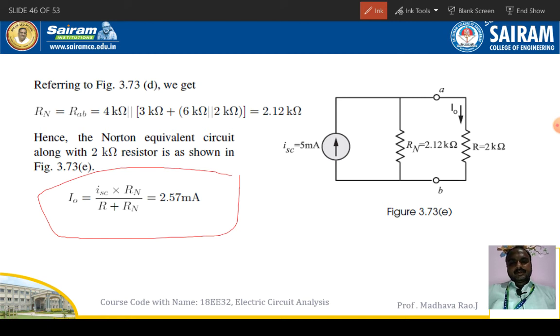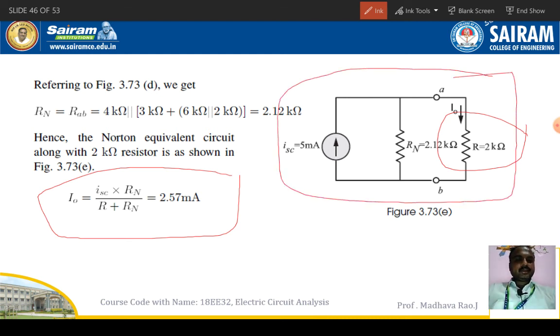So I naught value is 2.57 milliamps. I naught is the current flowing in the 2 kilo ohm. So this circuit is the Norton's equivalent circuit.